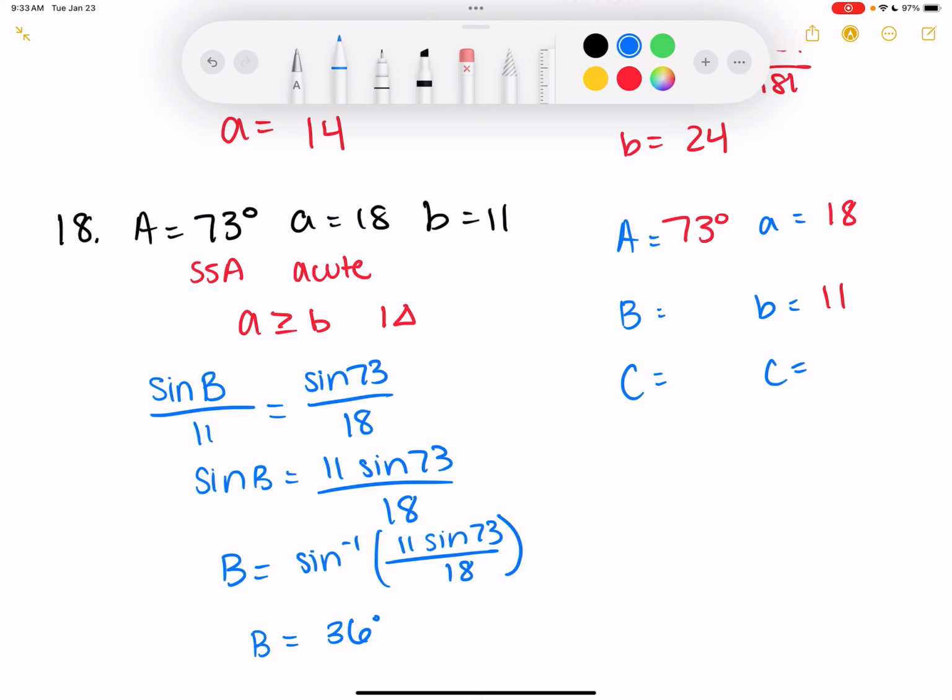Did you do each thing individually? I just did inverse sine and 11 sine. Did you close the parentheses after the 73? No. That's why. You just put C. Yeah. Okay. Because if you don't, it's taking 73 divided by 18, and that would probably be why it did that. Okay.